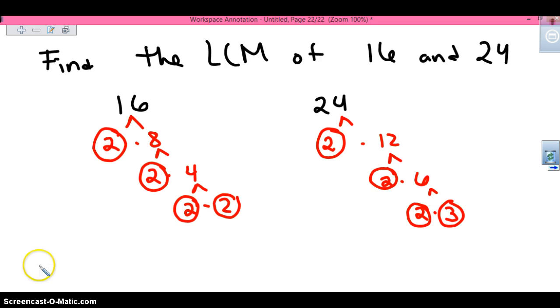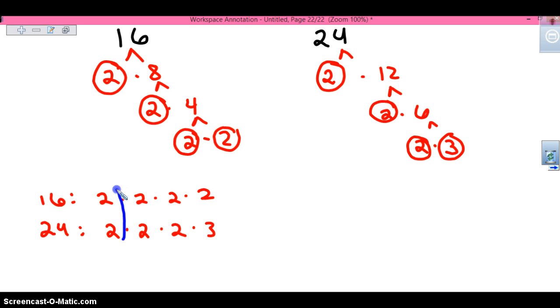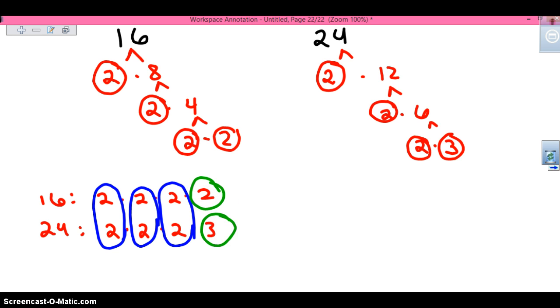Then we're going to list each of them. We're going to circle what they have in common. They have 3 2's in common, and then they have this 2 and this 3 that are not in common.